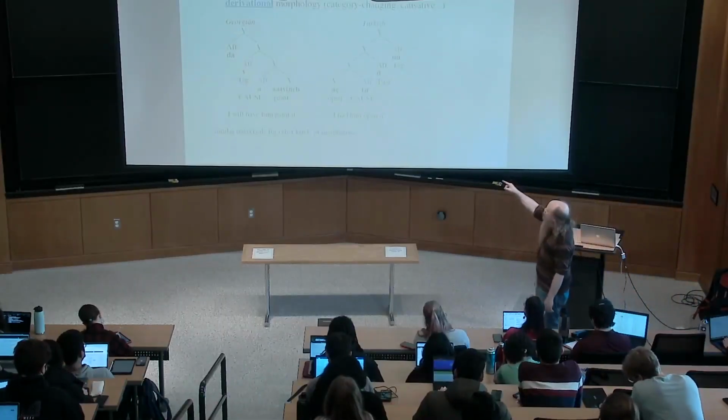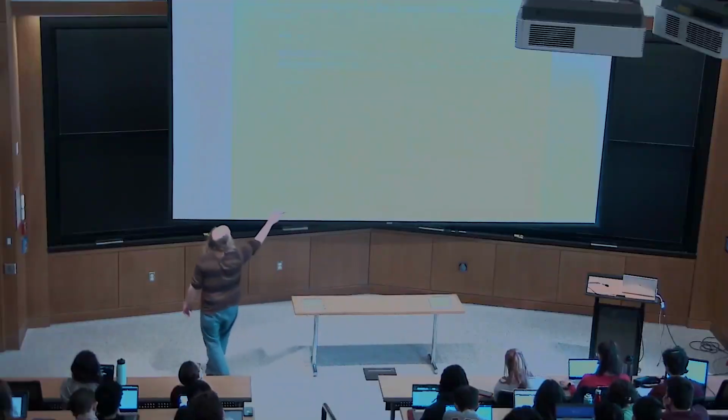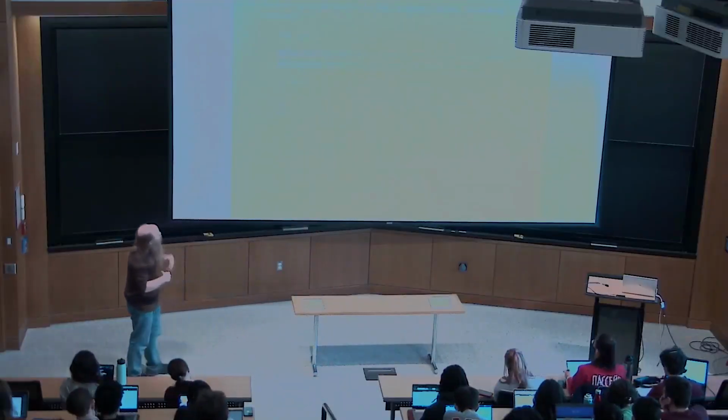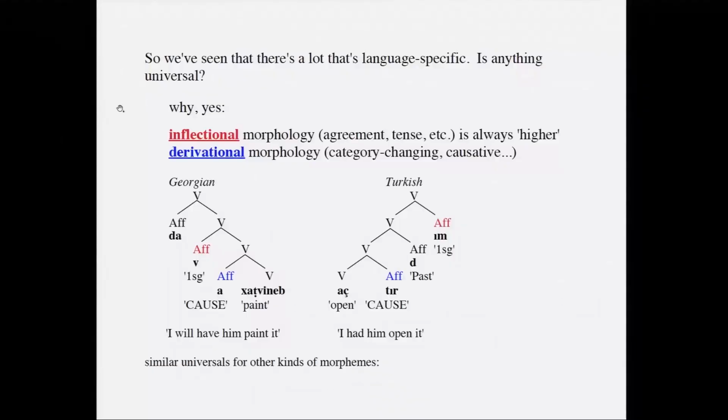The red affix is merged after the blue affix. So the affix that means cause is the first thing that's merged with the verb in both of these languages. And the affix that means first person singular, I, as the subject, is merged later, in both of these. Now, in Georgian, they're both prefixes. In Turkish, they're both suffixes.